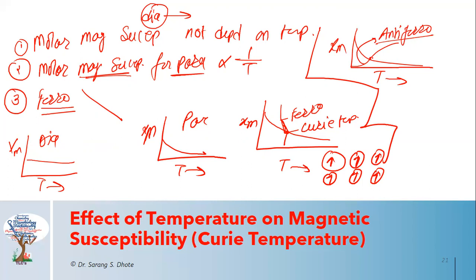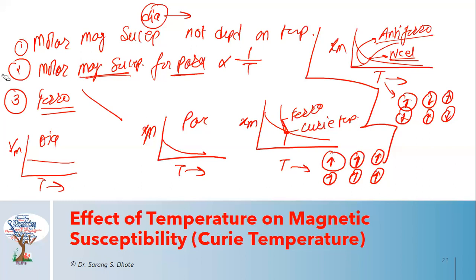At the temperature at which there is a sudden drop in the magnetism, this temperature is known as Néel temperature, because at that temperature alignments are anti-parallel to each other. The magnetic susceptibility decreases with a decrease in the temperature. So most of the time magnetic susceptibility decreases, whether it is paramagnetic, ferromagnetic or antiferromagnetic.